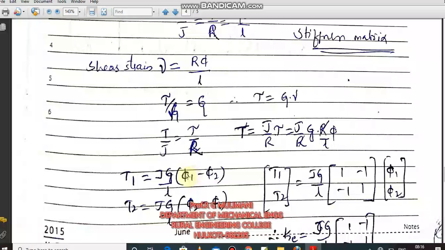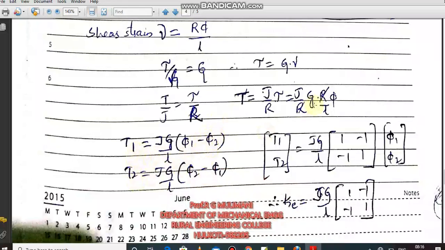This phi 2 is the effect of T2, which is subtracted here. Similarly, T2 is JG by L into phi 2 minus phi 1. The effect of T1 is nullified here.